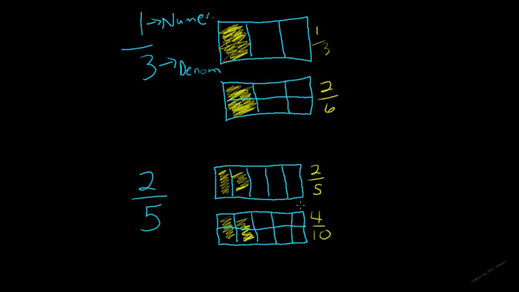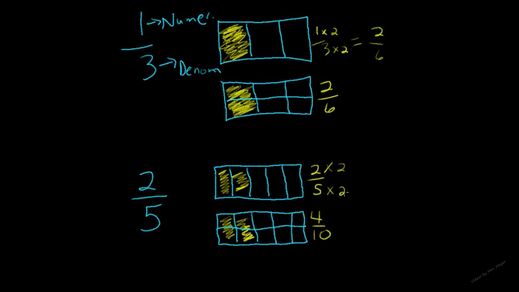So we can do that simply by doing visual fraction models. We can see that 1/3 is equivalent to 2/6, and 2/5 is equivalent to 4/10. But then as we work through this, we're going to show students, oh, look, if I multiplied the top and the bottom by 2, look what I would create. 1 times 2 is 2, and 3 times 2 is 6. Oh, that's how those two are equivalent.